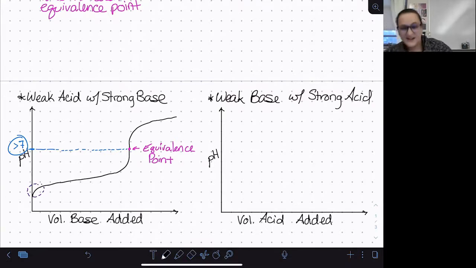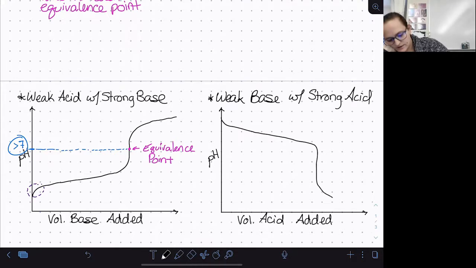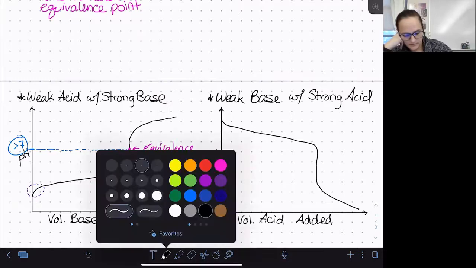So again, we're going to just flip the previous one upside down, since we're starting with a base. So we would expect the pH to be high. We'll see the same sort of little curve at the beginning before it becomes more or less linear. The equivalence point happens somewhere and then it keeps on going.